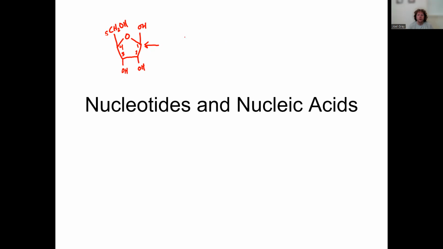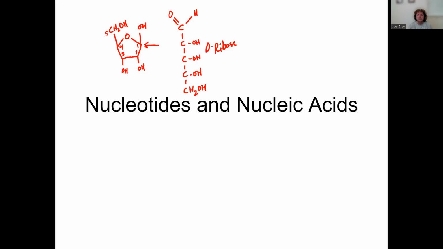Now, this sugar is basically the cyclic version of this sugar right here. 2, 3, 4, and 5. OH, OH, OH. Okay. So this sugar is ribose.